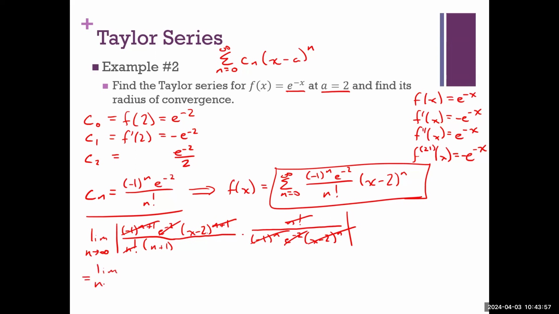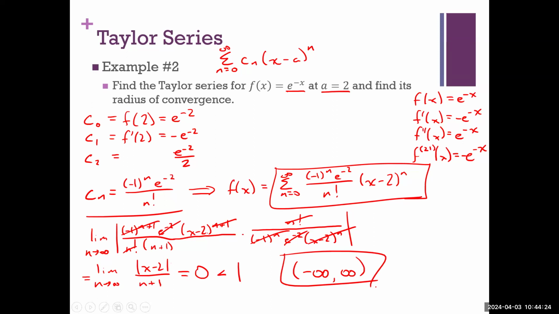So this equals the limit of the absolute value of x minus 2 over n plus 1. What happens with that limit? That goes to 0, which is always less than 1. So we have convergence everywhere.